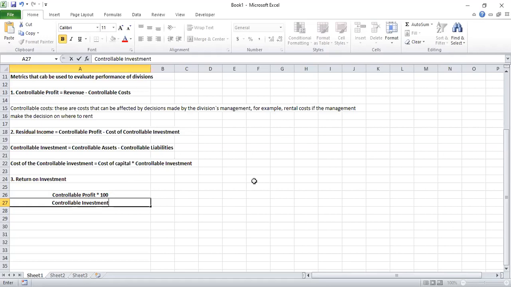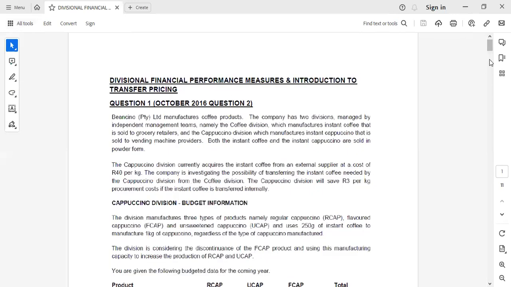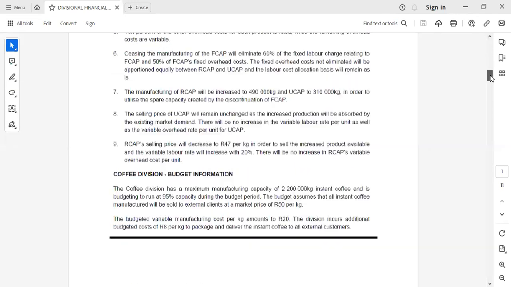Any questions before I proceed? Right. If we don't have any questions, then I'll proceed. I want to illustrate this through the document that I sent earlier. We also want to do transfer pricing.